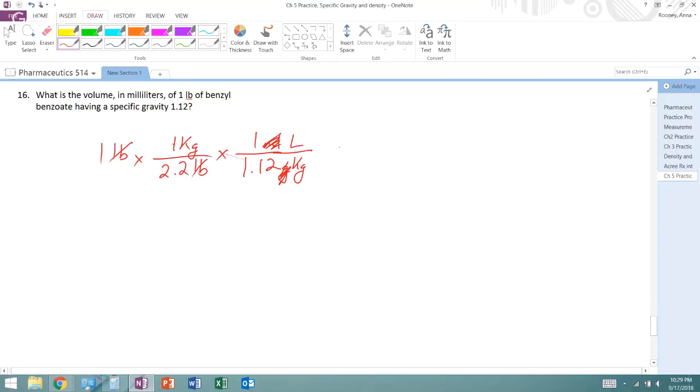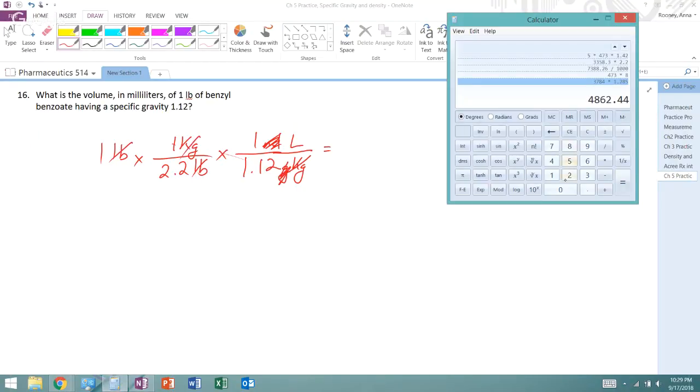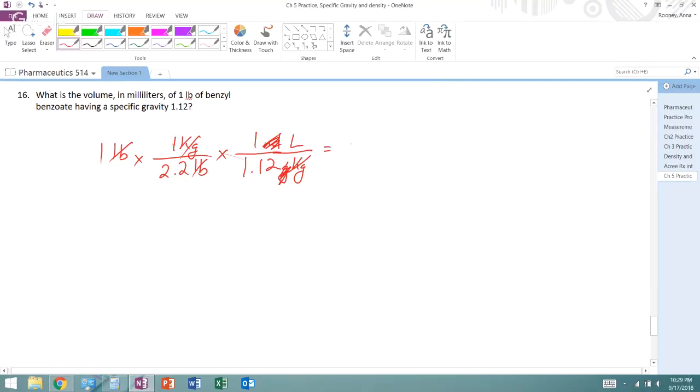So 1 divided by 2.2, and then divide that by 1.12, and that is 0.4058 liters. So the milliliters would be 405.8 milliliters.